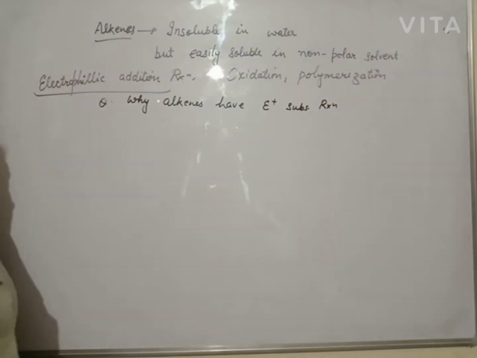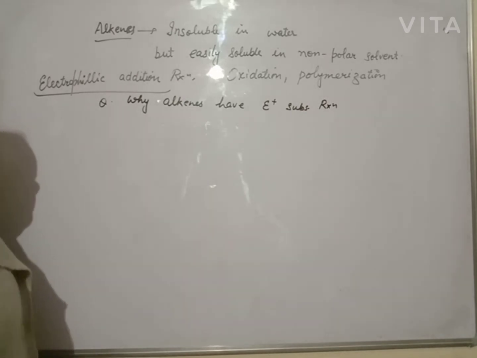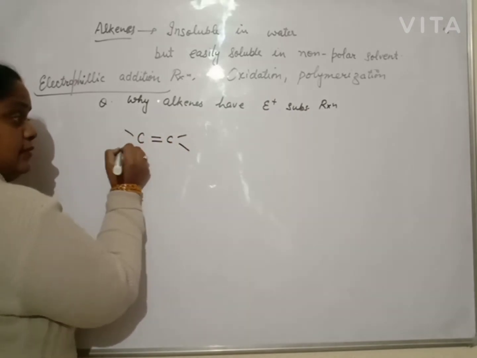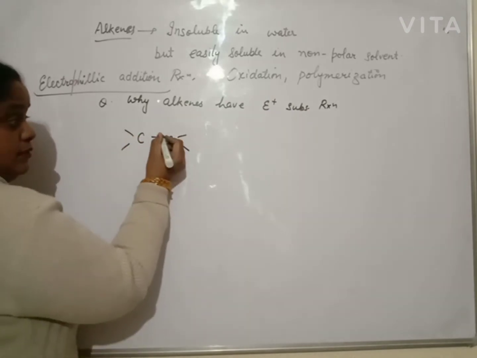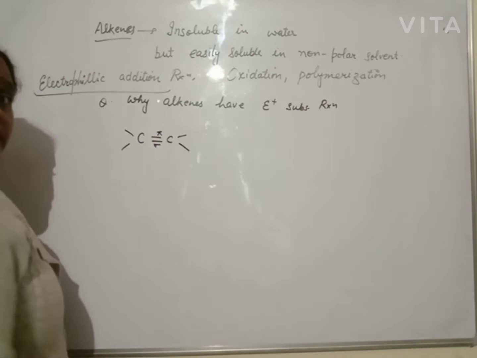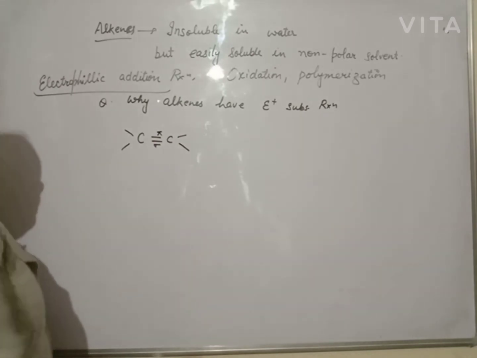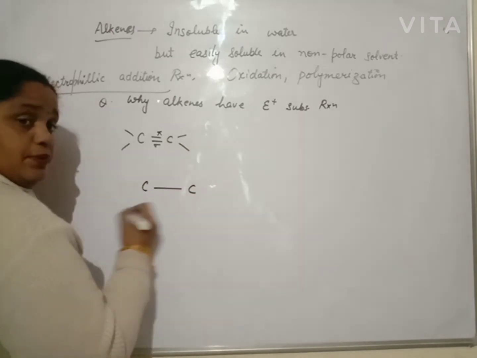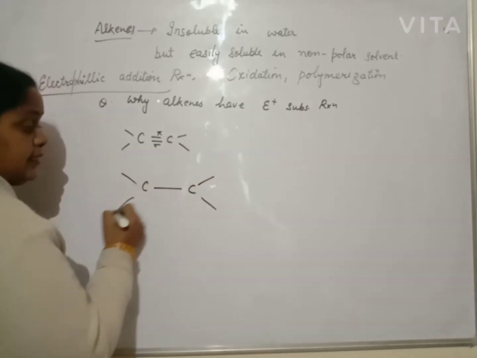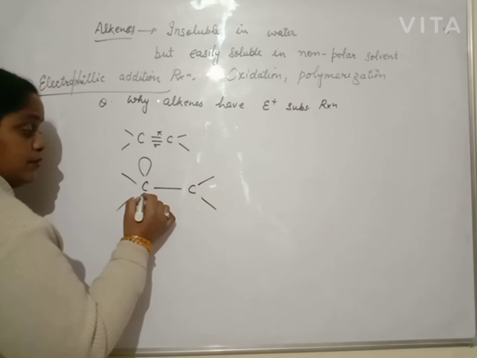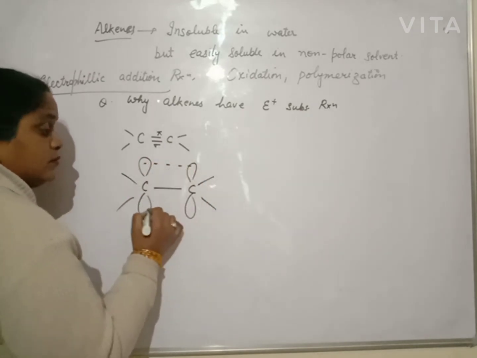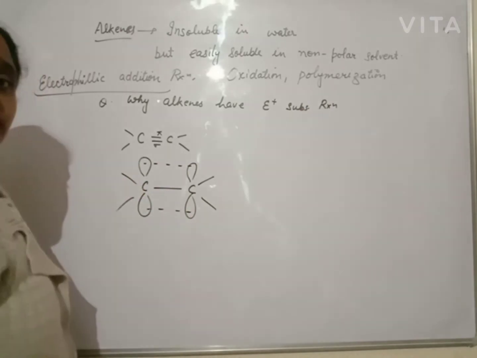The answer to this question will be explained in front of you. Alkene has this structure. One bond is sigma bond, another bond is pi bond in case of double bond. These are the sigma bond, and pi electron cloud is present above and below the sigma bond.